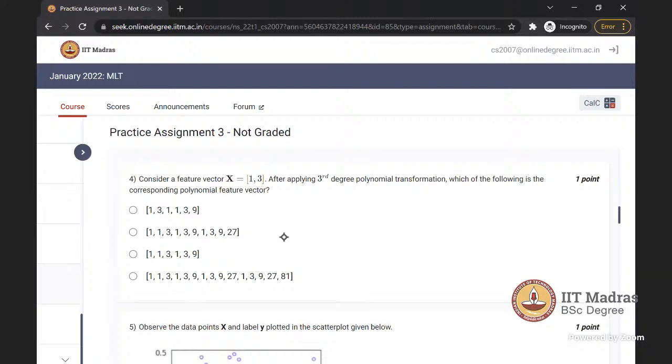Question number 4. Consider feature vector x = (1, 3) after applying third degree polynomial transformation. Which of the following is the corresponding polynomial feature vector? Anybody would like to take a shot at answering this?